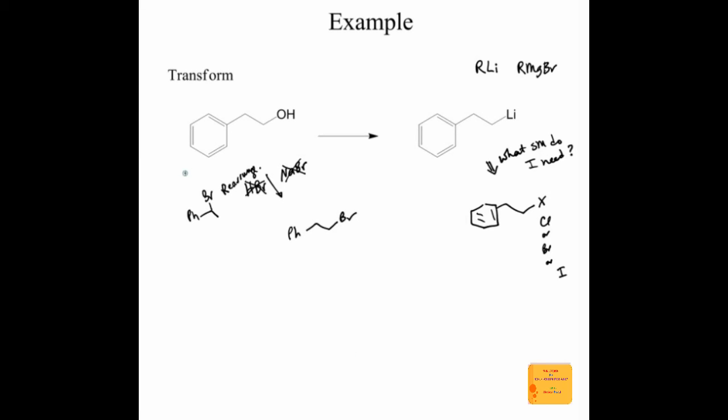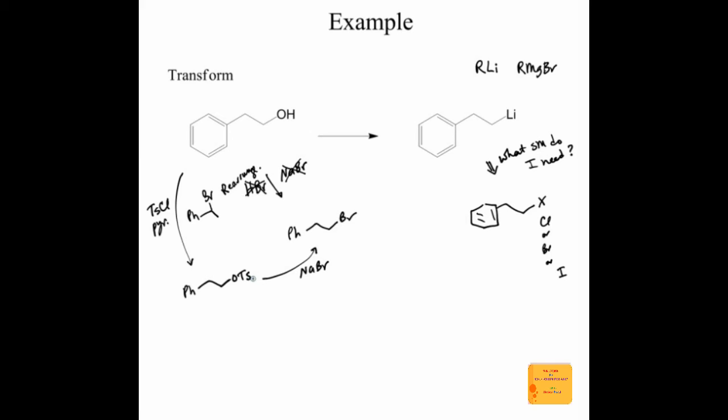Well, I could make it the tosylate. I can make a tosylate and convert that to the bromide. So that's good. What would be my reaction conditions to make the tosylate? It's TsCl and pyridine. And then to make the bromide, now I could use sodium bromide, NaBr, because I have a good leaving group here.